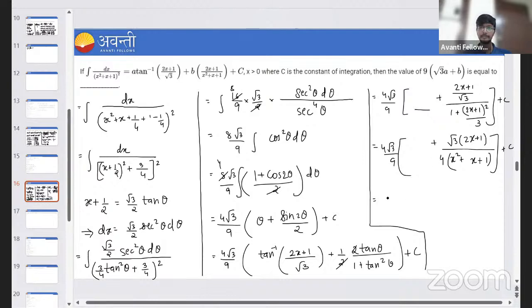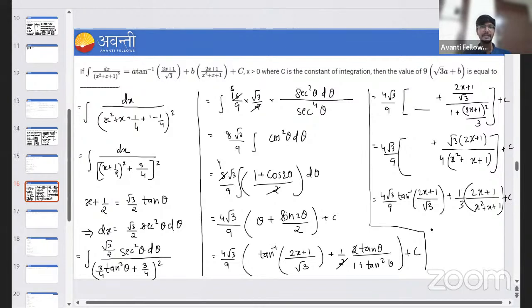So if I multiply, I'll get 4 root 3 by 9 tan inverse of 2x plus 1 upon root 3 plus 4 will get cancelled. 3 by 9 means 1 by 3 like that. Right? Into 2x plus 1 upon x square plus x plus 1 plus c.